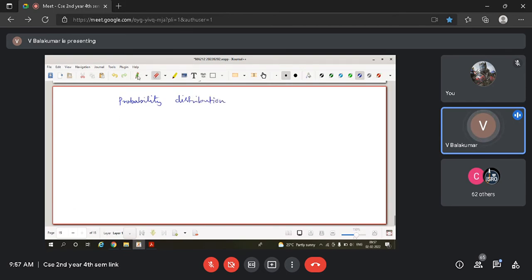In a probability distribution, we want to assess expected values, some values of a random variable.